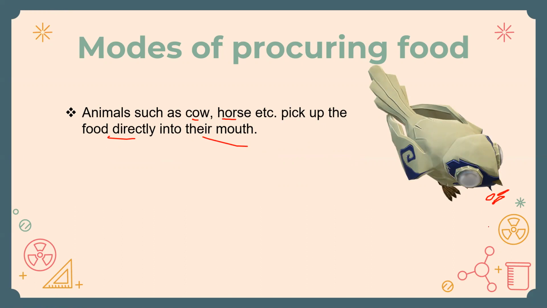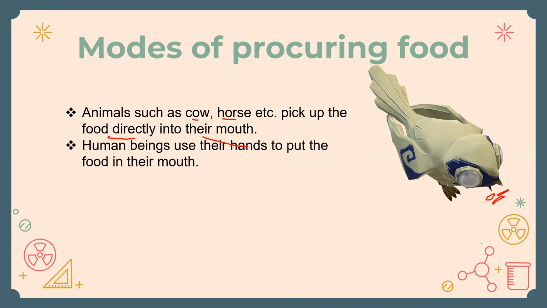So it takes the food directly into the mouth. Next, human beings use their hands to put the food into their mouth. We humans pick the food from the hand and then put it into the mouth and chew it.